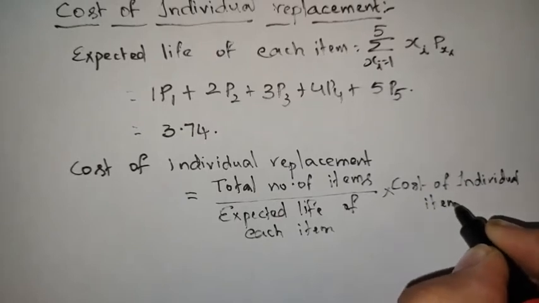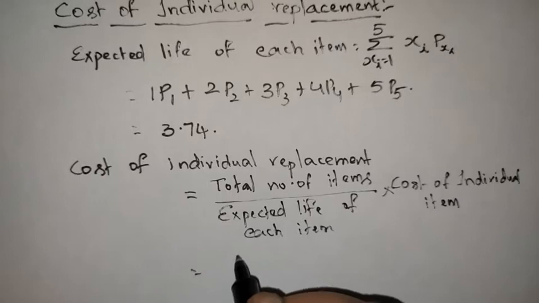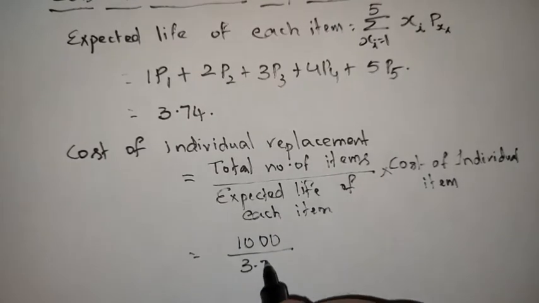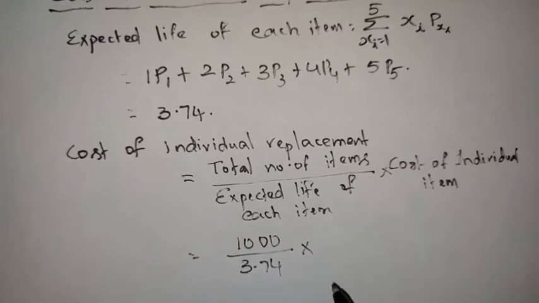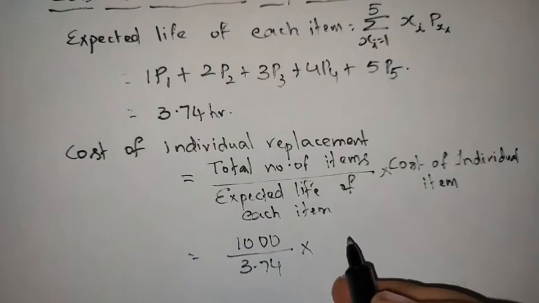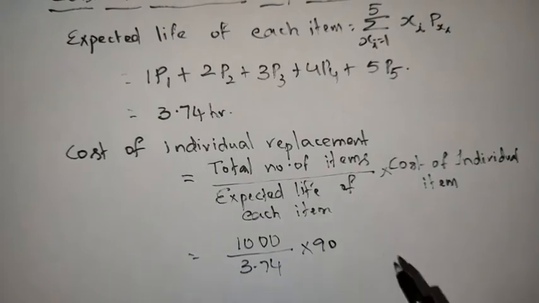So the total items are 1000, divided by the expected life of 3.74 hours, into the cost of an individual item, which is 90 rupees as given.